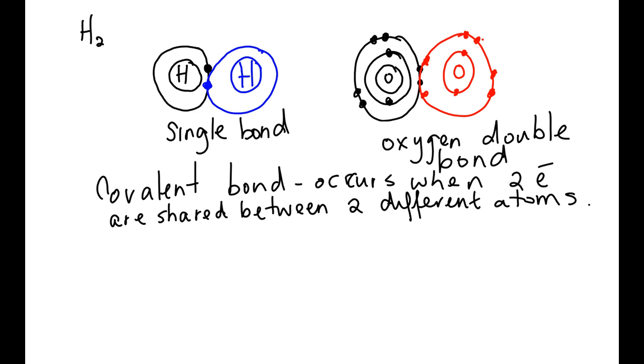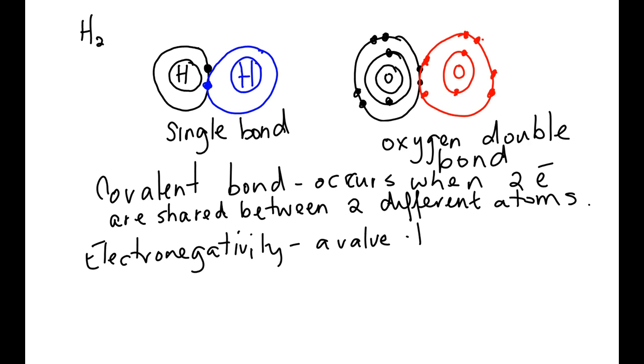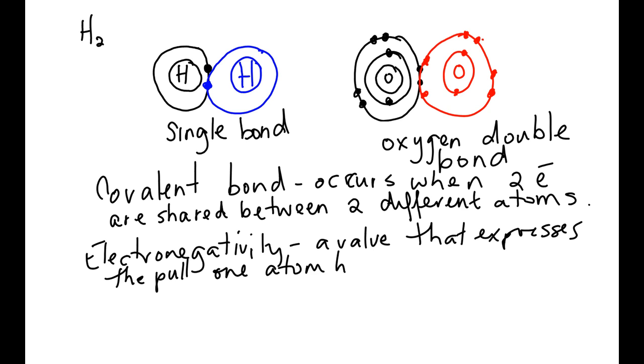All right, electronegativity. So this is a value that expresses the pull one atom has on the electrons in a bond.